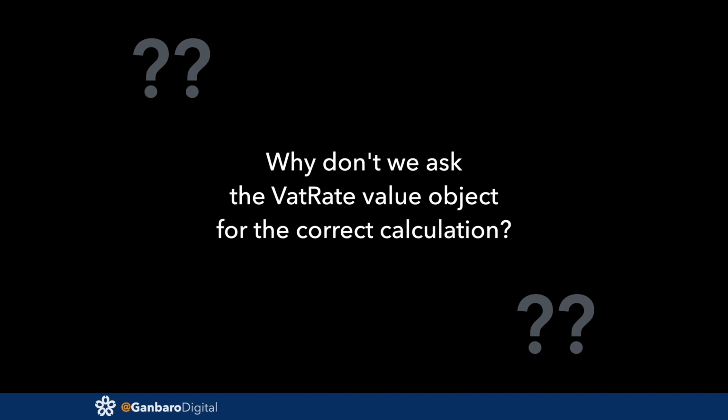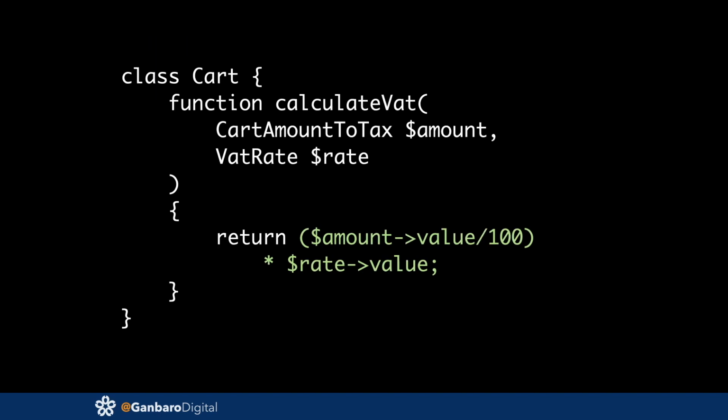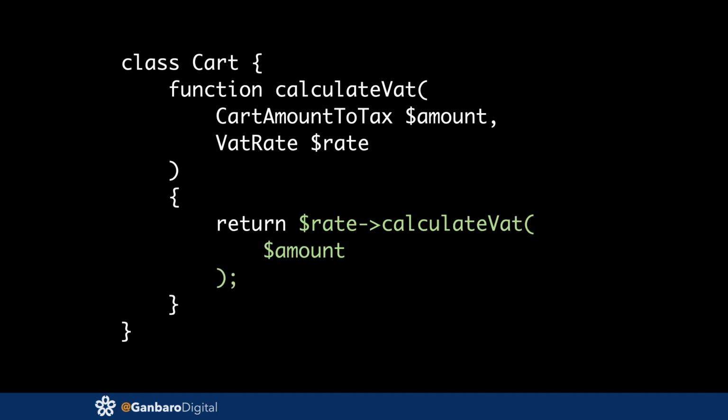So why don't we make it do the calculation for us? Why don't we take our business logic and replace it with this, where our tax rate knows how to do the calculation. If we do that, then our code is robust and correct.